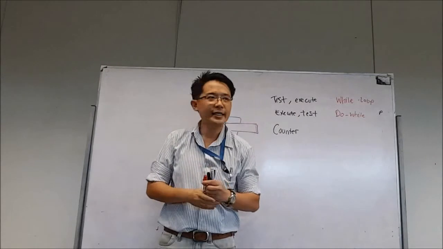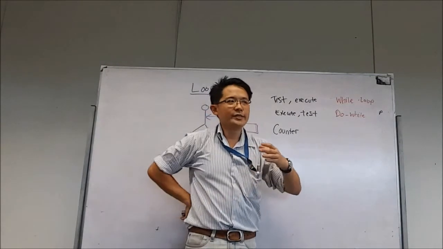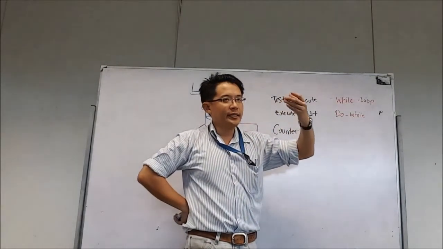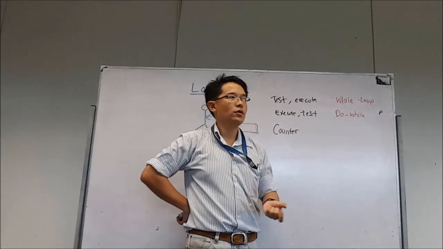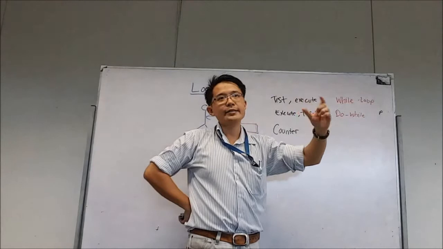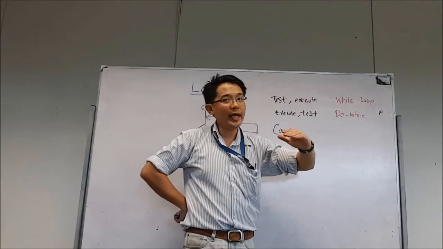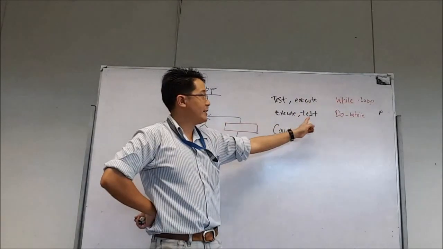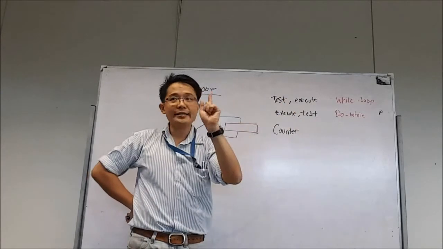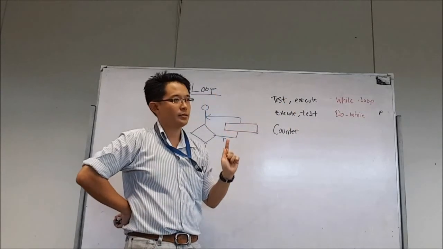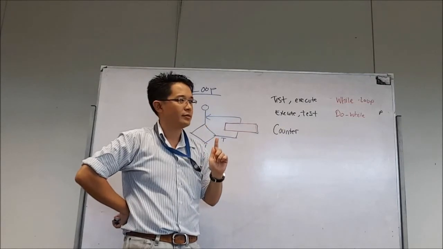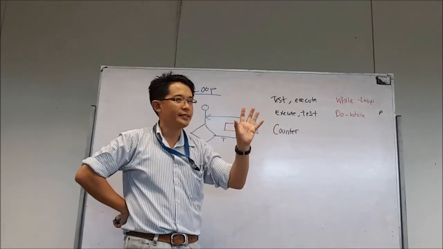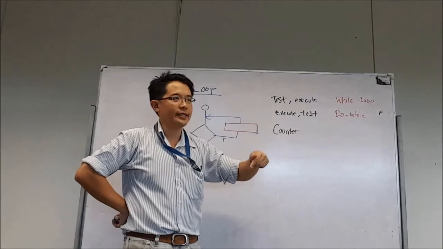Do you understand the example? Let's say the question is, deduct from a balance of 100 ringgit until there's none. At first it's already 100 ringgit, so you deduct. So this kind of loop is guaranteed to be executed at least one time. Suppose I have 100 ringgit and I try to deduct 110 ringgit.